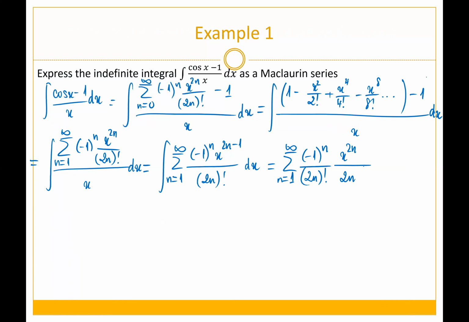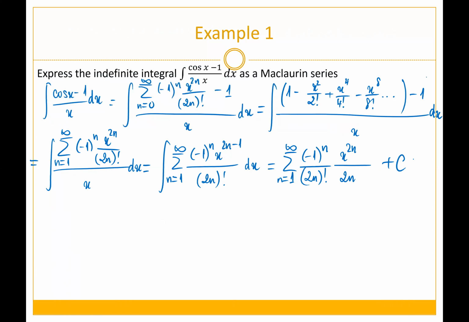Let me have a look at that again. So we have the series, and then when we take the derivative of that, I think it's the correct one. And then you have a plus c. So that's the Maclaurin series of that integral.